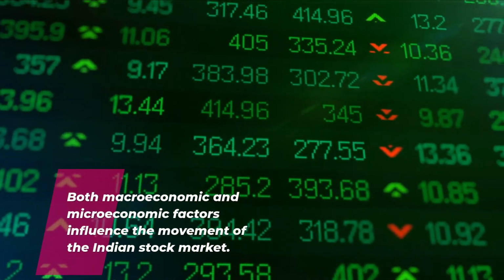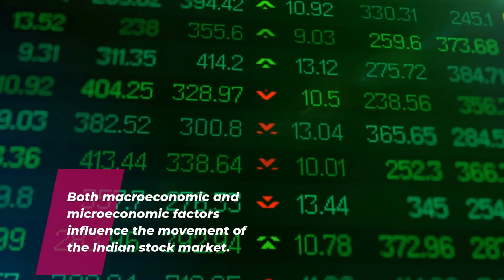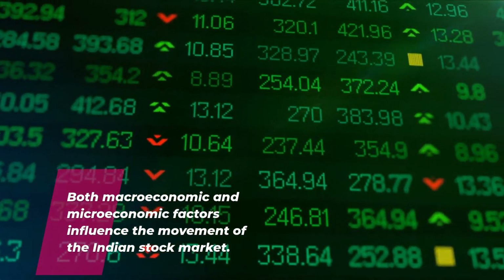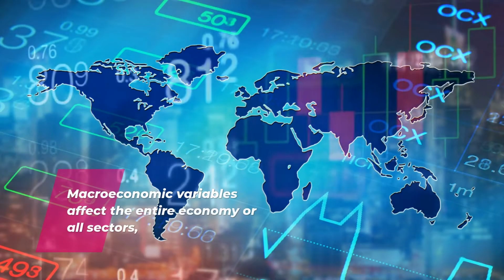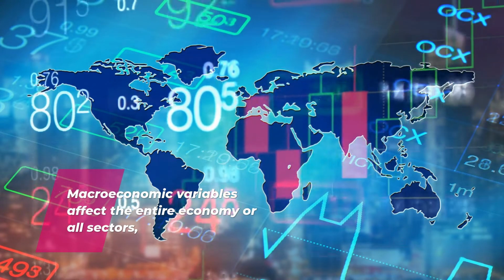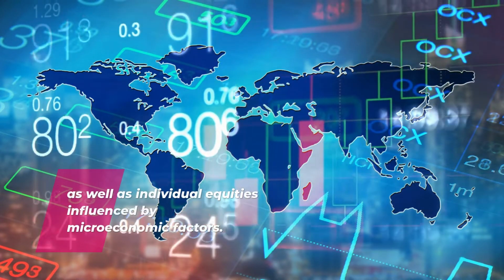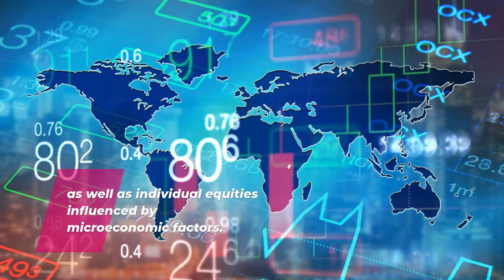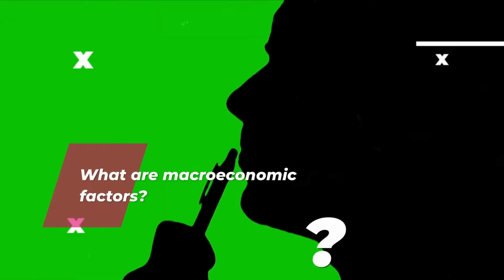Both macroeconomic and microeconomic factors influence the movement of the Indian stock market. Macroeconomic variables affect the entire economy or all sectors, while individual equities are influenced by microeconomic factors. What are macroeconomic factors?